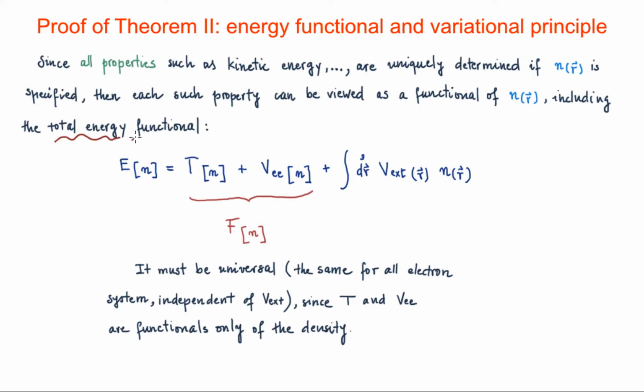So we can have a functional of the total energy, and it is going to be something like that. The functional of the total energy is of course going to depend on the electronic density. We'll have a term that will be a functional of the kinetic energy, that of course is going to depend on the electronic density. Then we have another contribution which is going to give the electron-electron interaction, which can be seen as another functional of the electronic density.